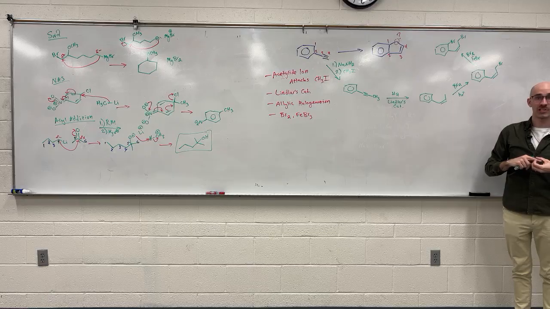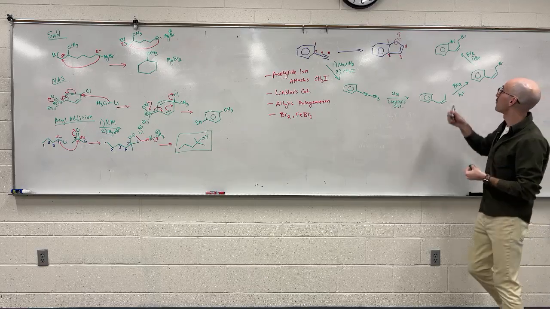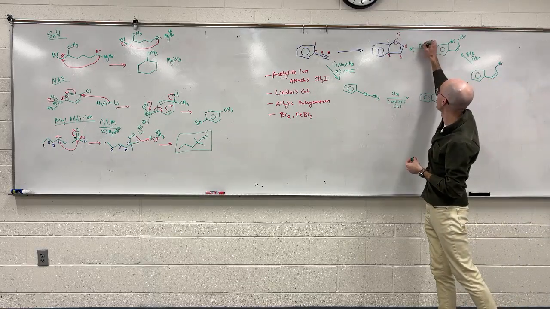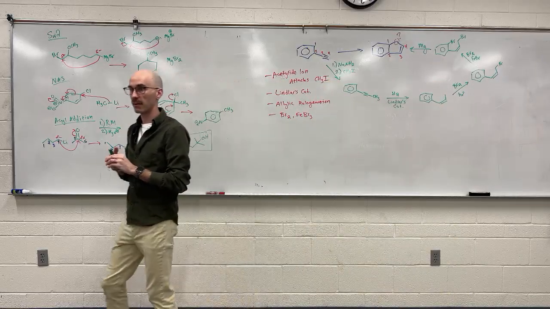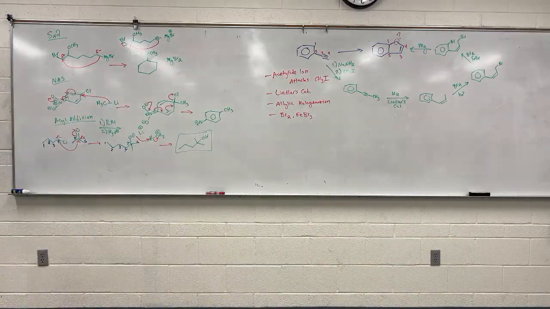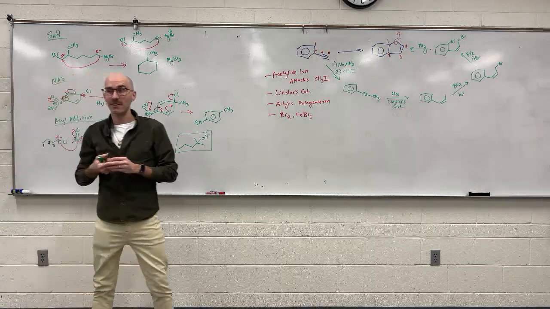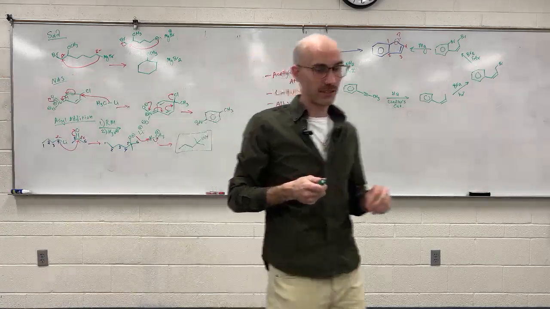I won't know which carbon attacked which. As soon as I add magnesium here, the reaction's done, I've got my product. That is a really challenging one. Trust me, that's not what you'll see on the unit test or on the exam. But it provides some very good thought process for you to go through.